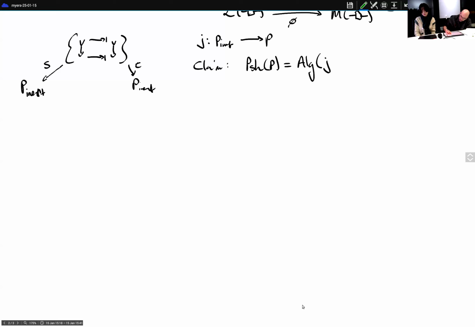Well, this is not related to anything special. J upper star, J lower bang, where this is left Kan extension, because J is identity on objects, which is good enough.